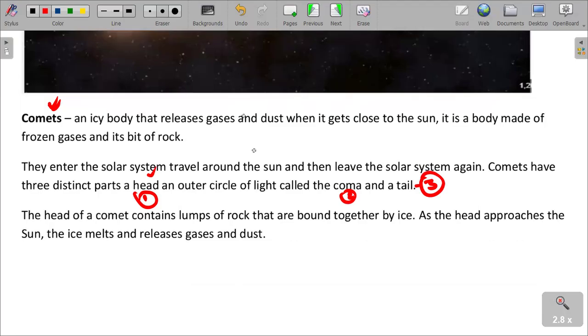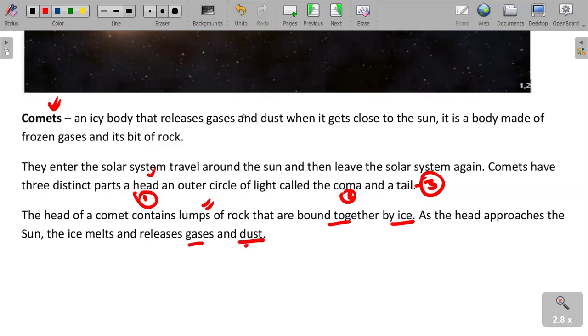The head of the comet contains lumps of rock that are bound together by ice. As the head approaches the sun, the ice melts and releases the gases and dust that we are talking about.